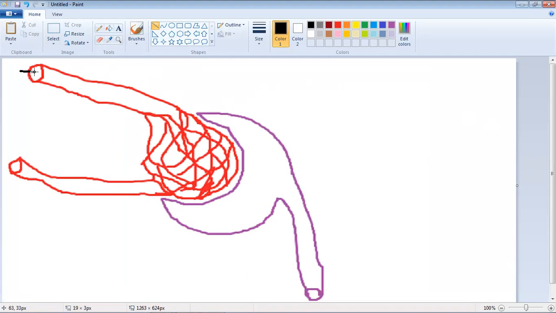This is the afferent arteriolar end, and this is the efferent arteriolar end, and this is the glomerular capillary plexus.